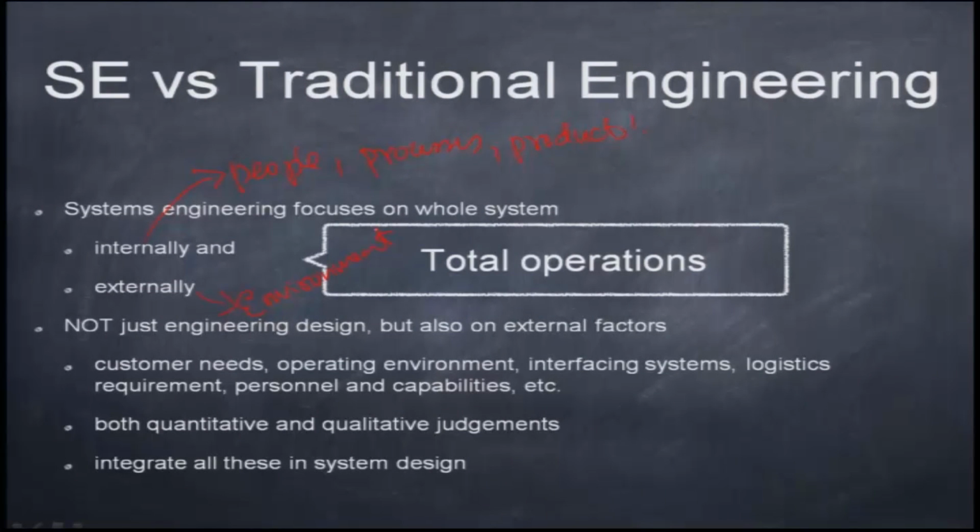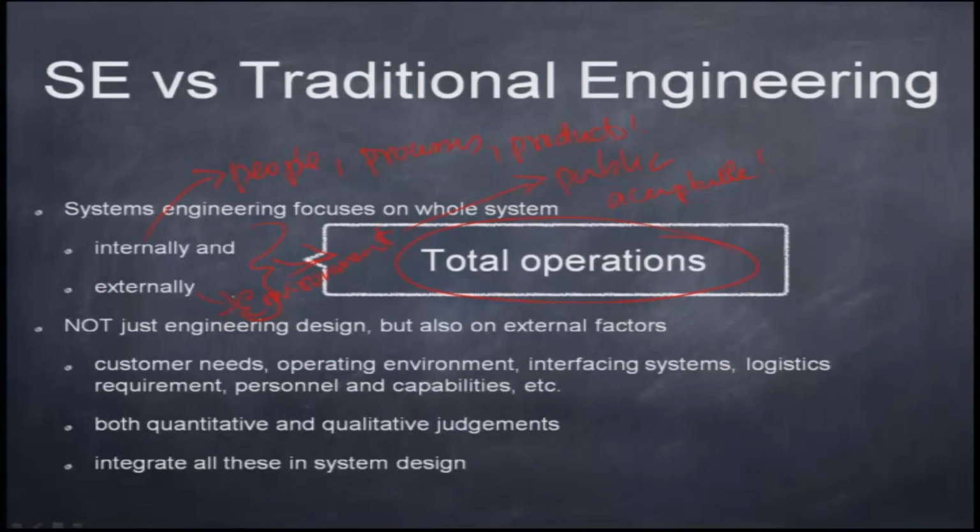We talk about the public acceptability. This concept comes out of here. So, both the environment in which the system operates and the internal aspects of the system, both are looked into. So, that results in the total operations. These two together give you the total operations of the system.